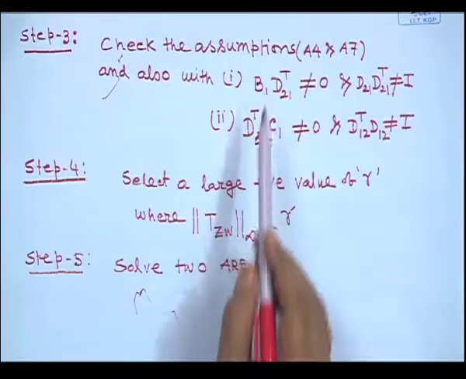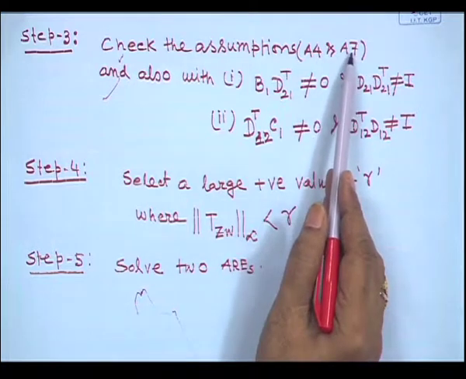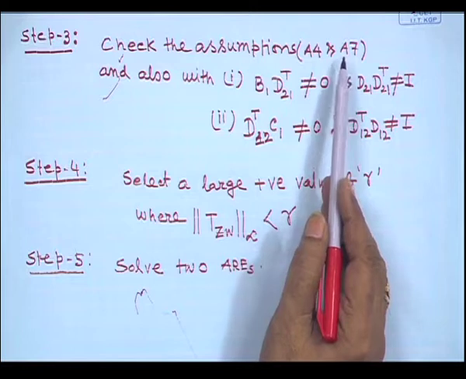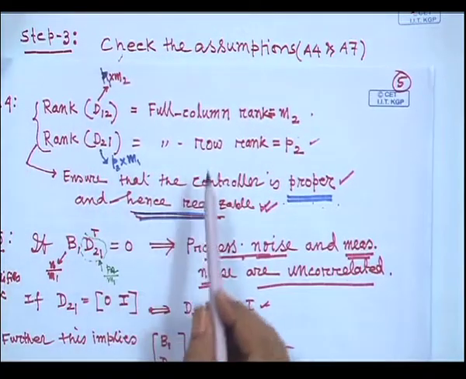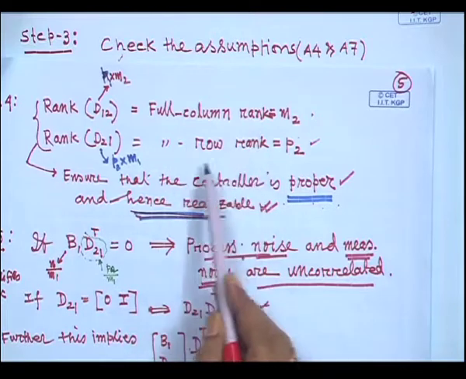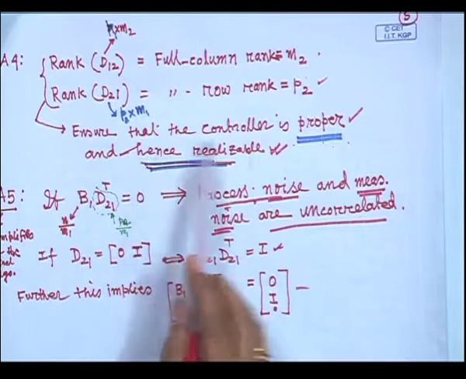The third step is to check the assumptions A4 to A7, though I told you it is not strictly necessary. The A4 assumption, full column rank and full row rank, is used for getting the proper controller.